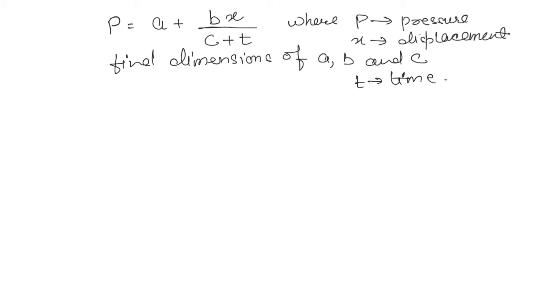Okay, try to solve. Listen, look class, again we will solve by principle of homogeneity. Look, this is C plus T. So dimension of C and T must be same. Okay, so we can say dimension of C will be time.